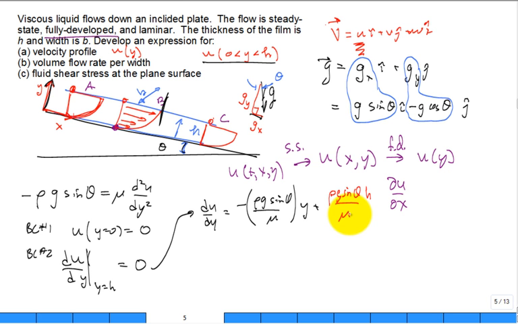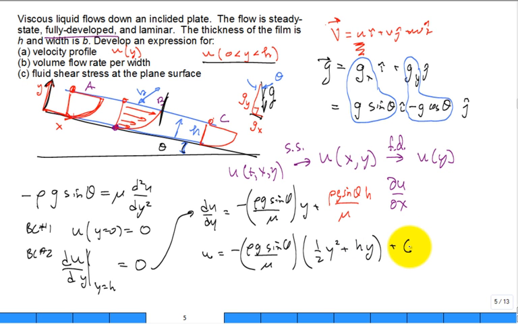Okay. And then we're ready to separate and integrate again. We get u is equal to negative, I'm going to pull out the rho g sine theta over mu, and then we'll have 1/2 y squared plus h times y plus another constant of integration. Did I do that correctly?